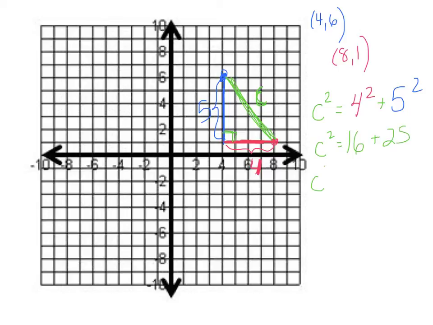If I add those 2 values together, I get C squared equals 41. So I can say that my C value will equal the square root of 41, if I take the square root of both C squared and 41. If I plug it into the calculator, it will be about 6.3, 6.4. So really this is just an application of the Pythagorean theorem that comes in very handy.